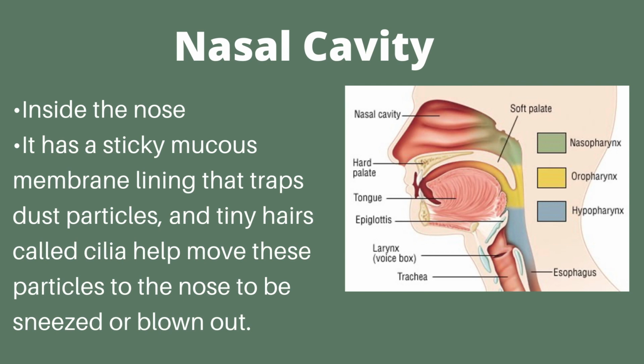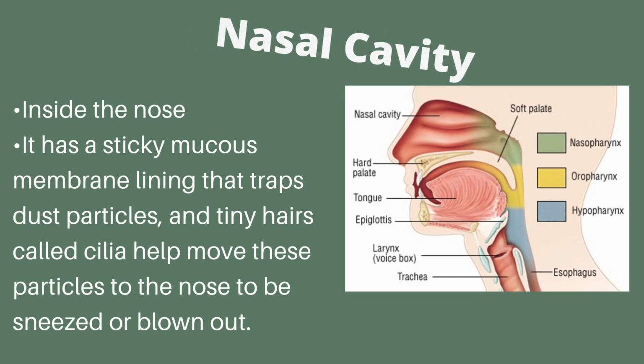The nasal cavity is the space between the nostrils and technically is the start of the respiratory tract. It is separated by the nasal septum. Inside the cavity is a sticky mucous membrane lining that traps dust particles. Tiny hairs, known as cilia, help move the trapped dust particles to the nose to be sneezed or blown out.